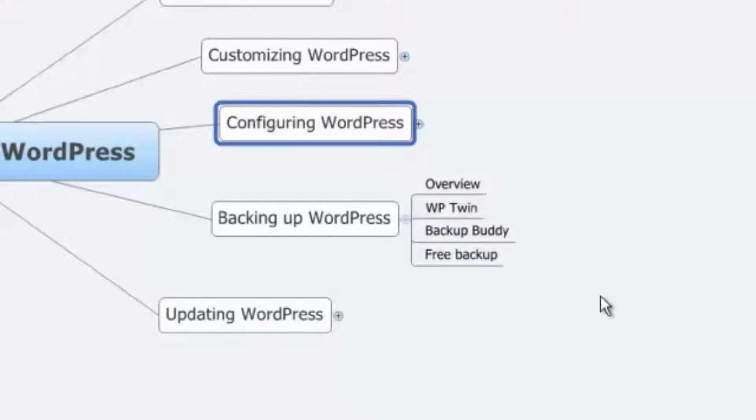And those four options really are: do it manually, or do it using plugins. And the plugins are WP Twin, which we've talked about before, Backup Buddy, and there's a free plugin on WordPress.org that proposes to do backups and restores completely free and painlessly.